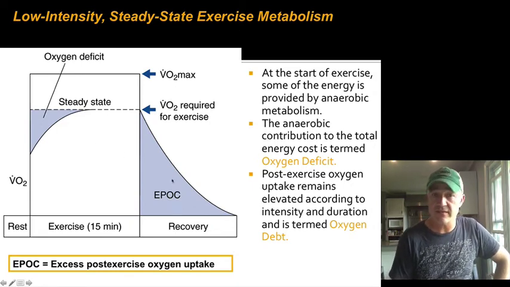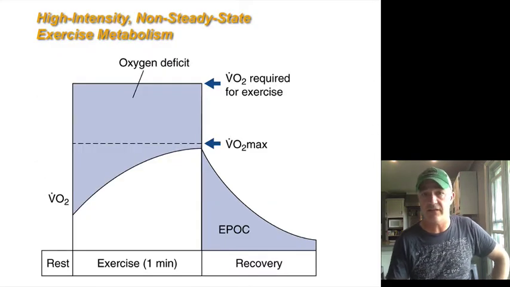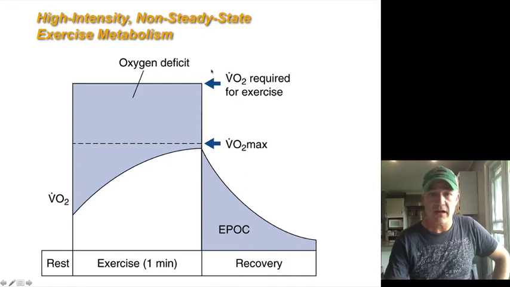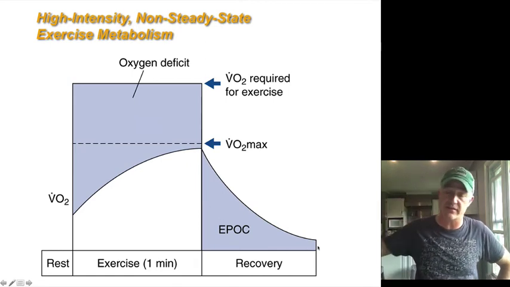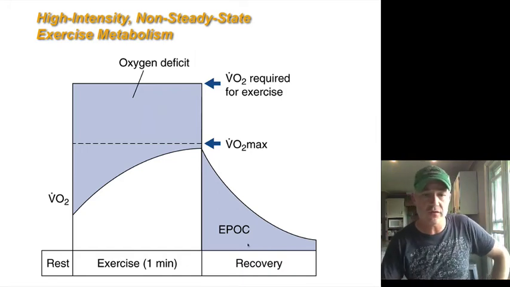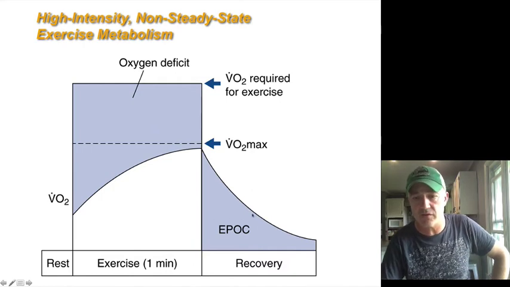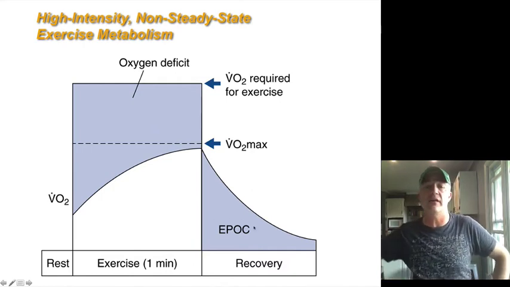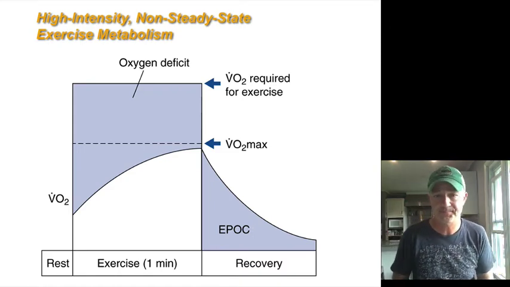You can see on low intensity ones, it's not that much, whereas if you do a very high intensity activity, the amount of oxygen consumption required gets much higher. And because of that, that post-exercise increased breathing is going to go on for longer. So if you do something that is incredibly intense, you're going to have that post-exercise breathing rate be much higher for a longer period of time relative to the amount of exercise that you did.